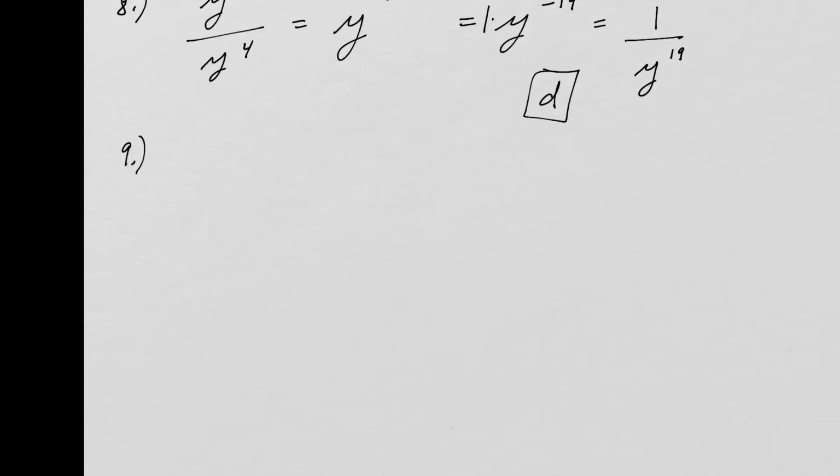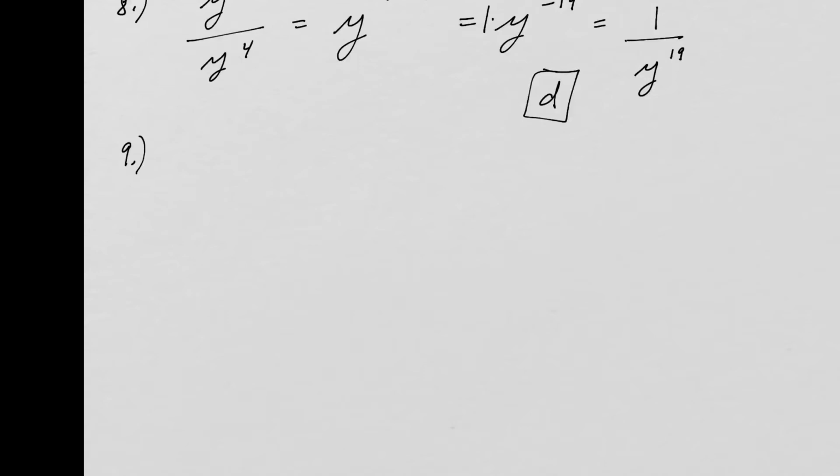Okay, number 9. Let's see. Solve the problem. The cylindrical storage vat in the picture has a base with radius r and a height of r. The volume of the vat is the product of its height and the area of the base. Find the volume of the cylinder.